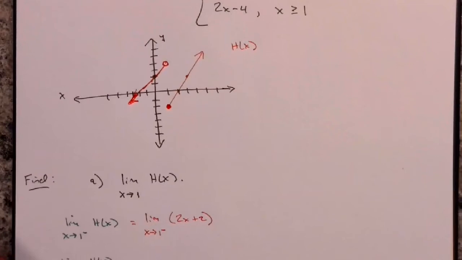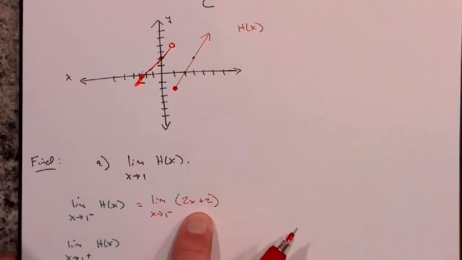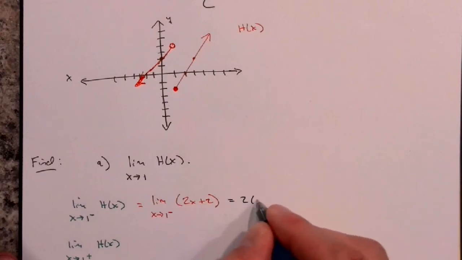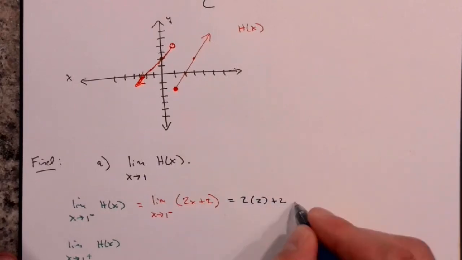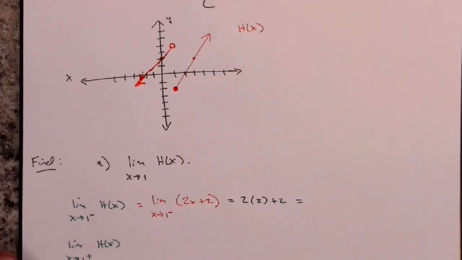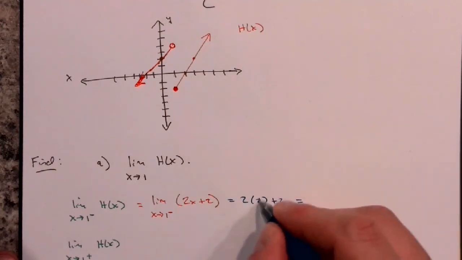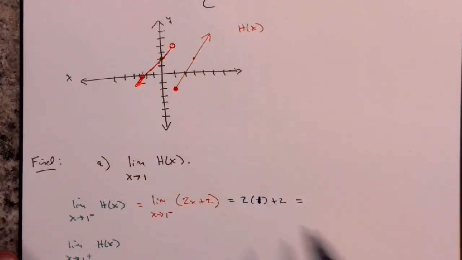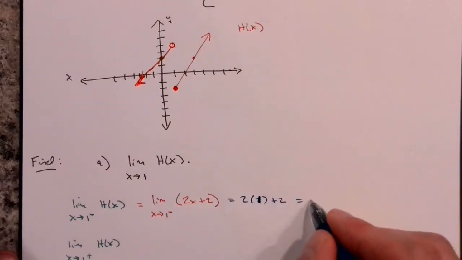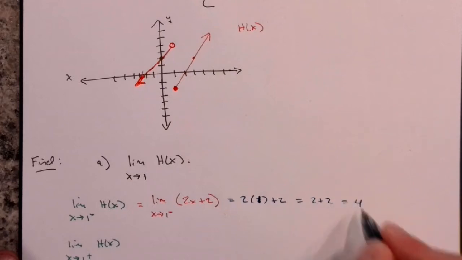And as I mentioned earlier, if it's a polynomial that you're taking the limit of, you can substitute the value right in. So this is going to be equal to 2 times 1 plus 2, using the x value of 1, which ends up being 2 plus 2, which equals 4. So the limit from the left side equals 4.